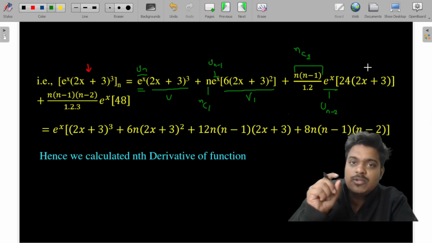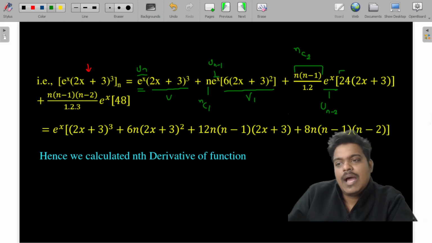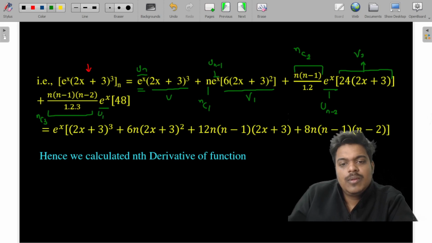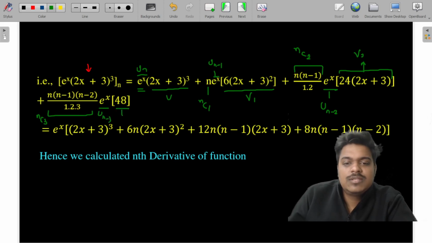Any derivative will keep e to the power x, and here we are increasing, so here you will have the second derivative of v, and similarly this will be nC3, u to the power n minus 3, that is the (n minus 3)th derivative, and this is v3.